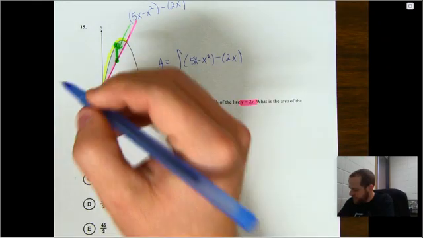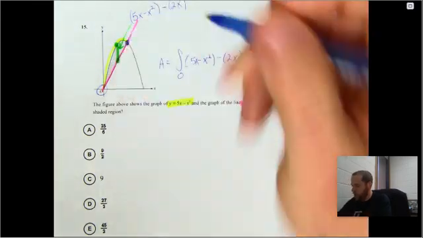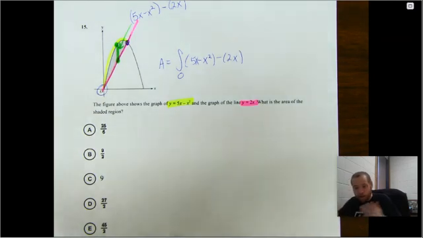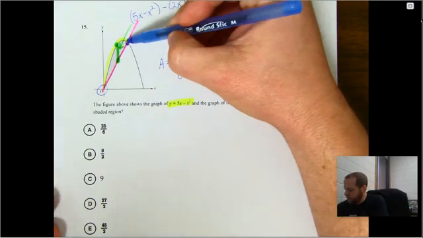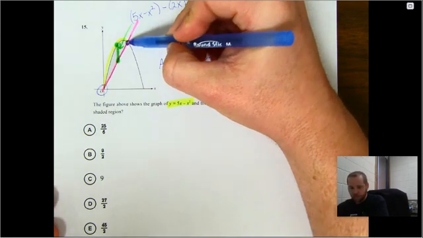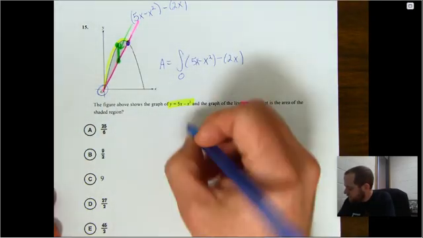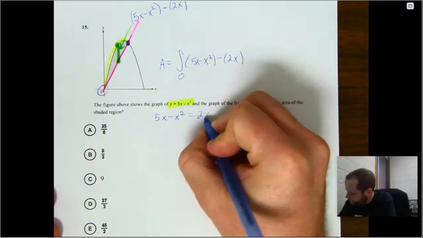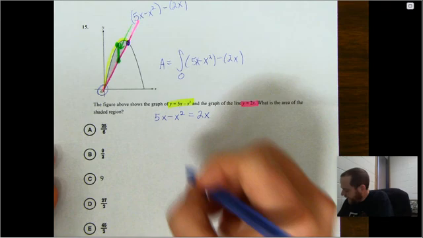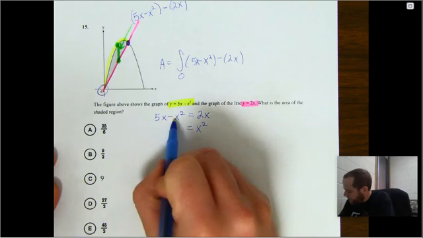from the smallest x value, which is 0, to the biggest. Oh no, they didn't tell me what the biggest x value is. But I know that that's a value where these two meet. That means that the y values are the same right here. They intersect. So I'm going to have to now take these two functions, set them equal to each other, and let's move the x squared over to this side by adding it.